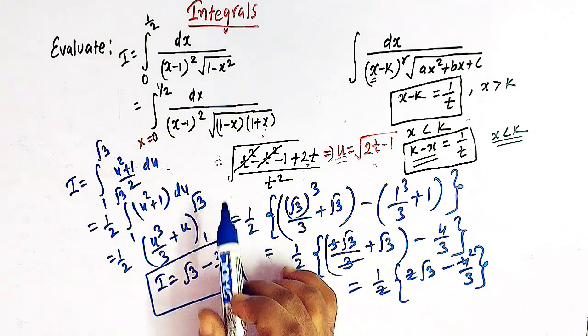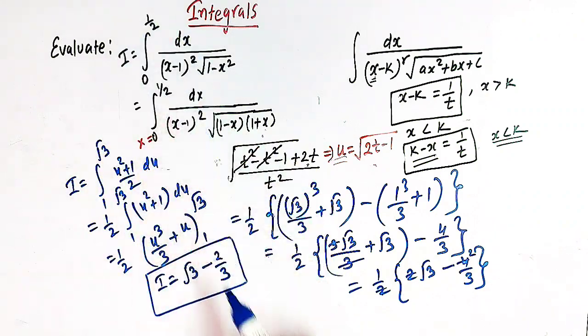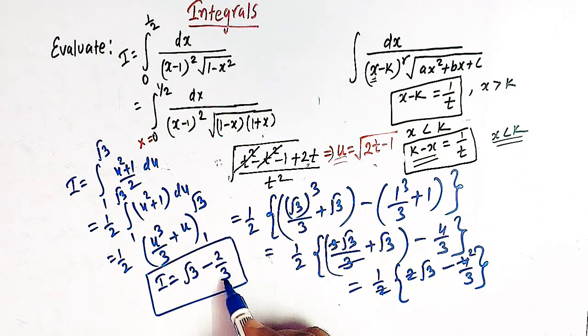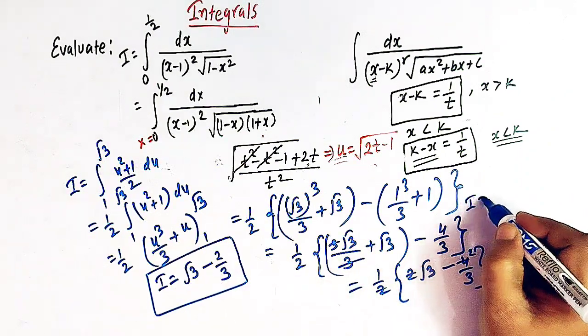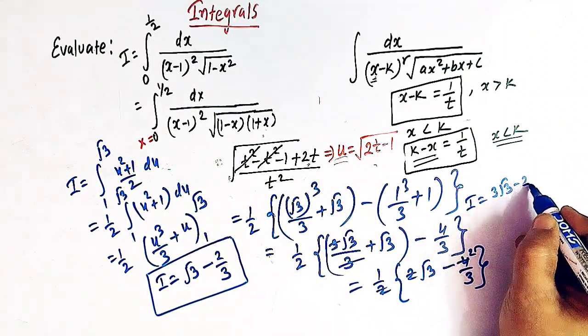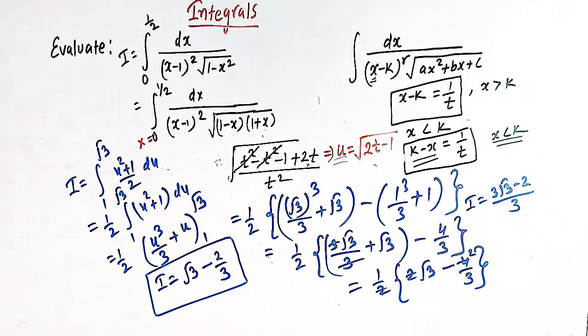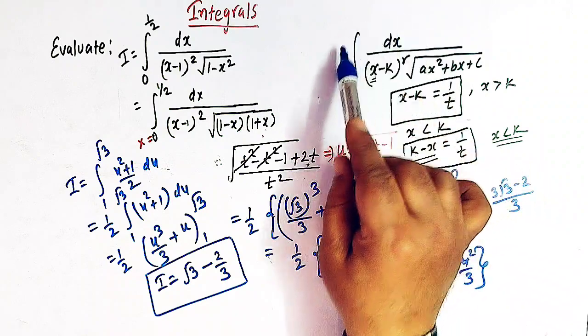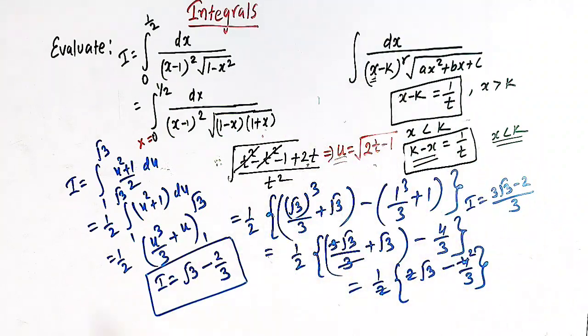So viewers, the value of this integral is given by square root of 3 minus 2 over 3. So we can also write this expression as (3 root 3 minus 2) over 3, right? So this is how we can solve these types of definite integrals.